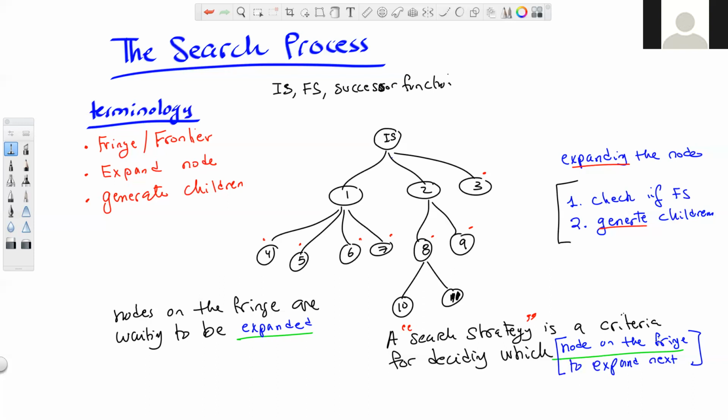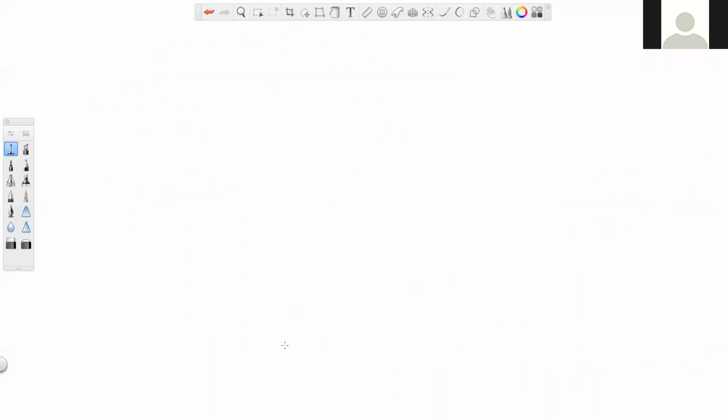Every time we introduce a search strategy, we're going to say how it ranks on these 4 criteria, and you're going to help me with that. We're going to say enough about each search strategy so that you can hopefully conclude how it ranks on these criteria.